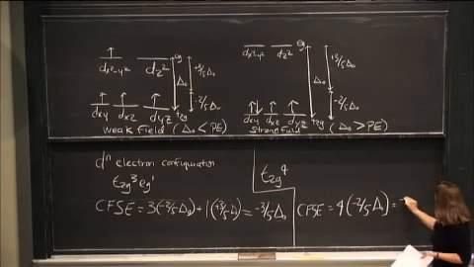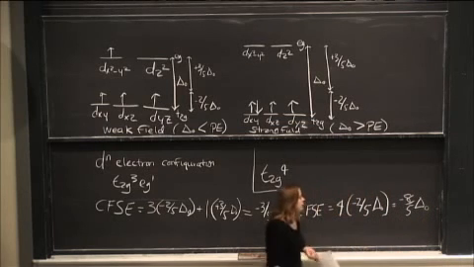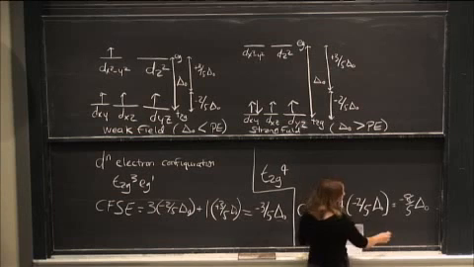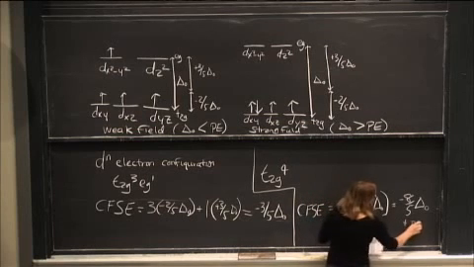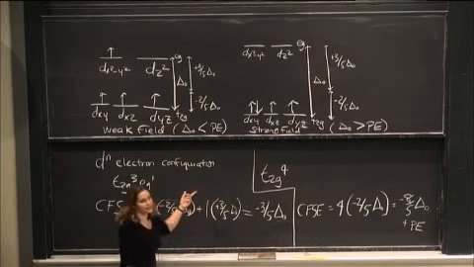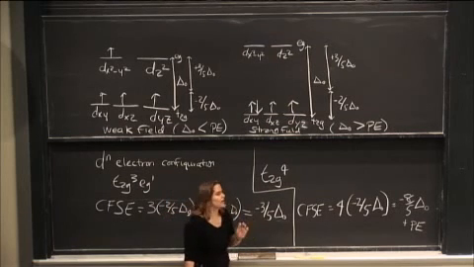And so that's equal to minus 8 fifths times the octahedral crystal field splitting energy. And some books will also indicate, and they'll say plus PE to indicate that there's pairing energy that's associated there. So it's not quite as beneficial as one might think.